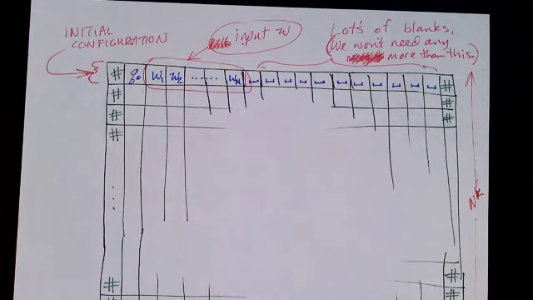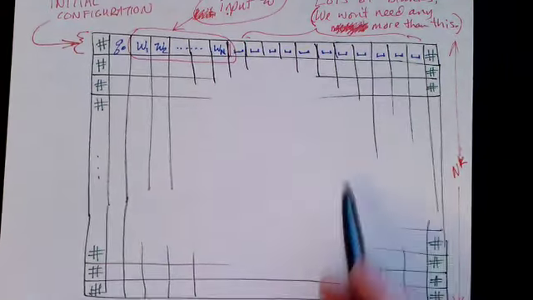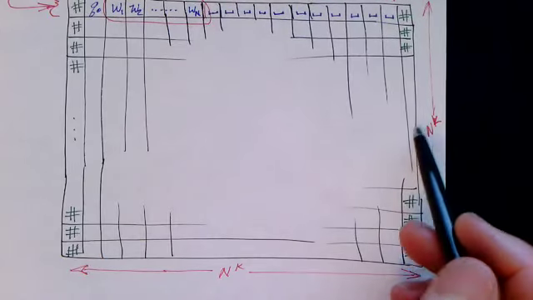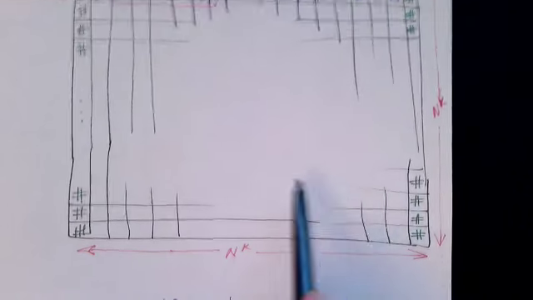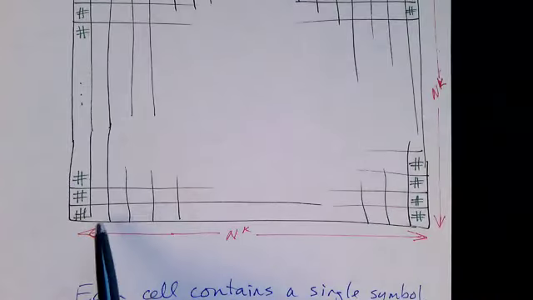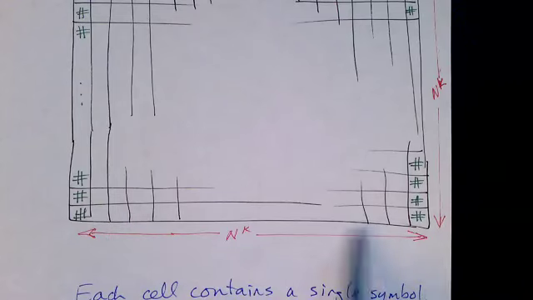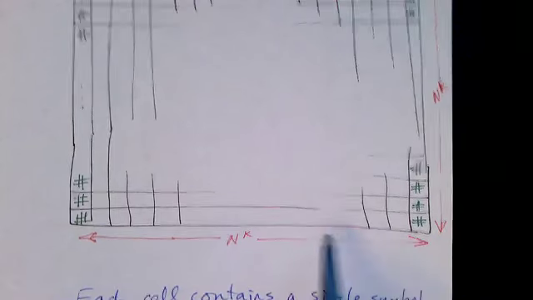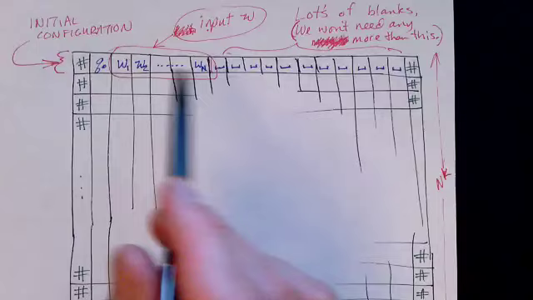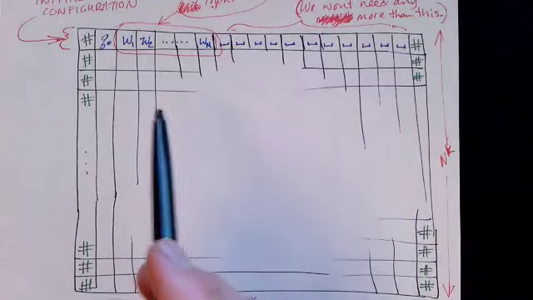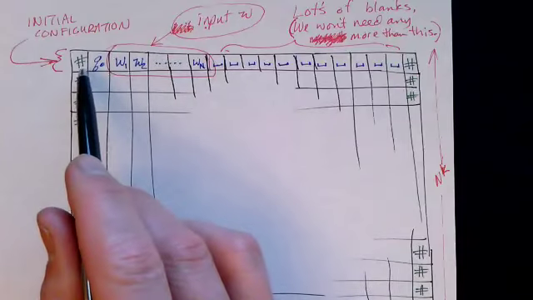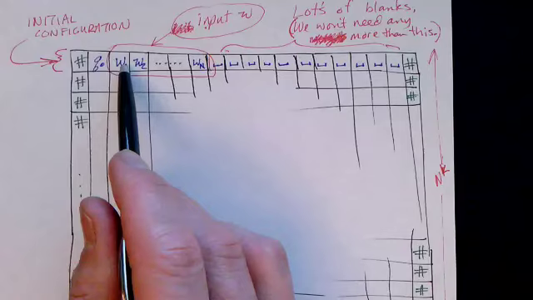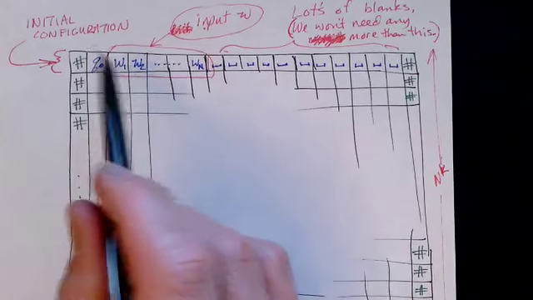Okay, so here's a picture of this gigantic table. It has n to the k rows. I haven't shown them all. And it has n to the k columns. So it's an n to the k times n to the k array of cells. And each cell can contain either a pound sign, a state, or a symbol from the tape alphabet.